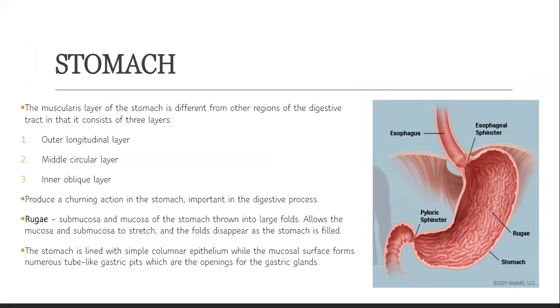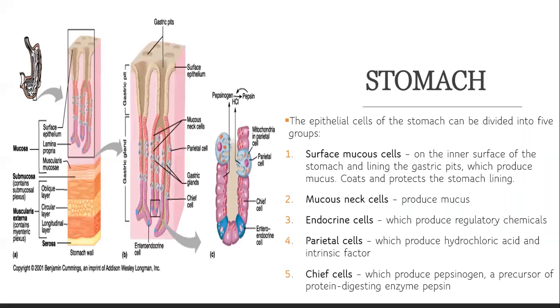The stomach is also lined with simple columnar epithelium, while the mucosal surface forms numerous tube-like gastric pits, which are the openings for gastric glands. Then the stomach has different types of epithelial cells that can be divided into 5 groups. So we have the surface mucous cells, on the inner surface of the stomach, which line the gastric pits and produce the mucus.